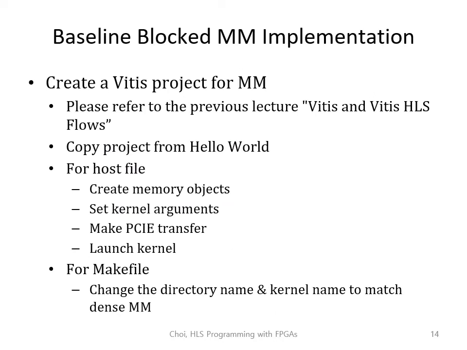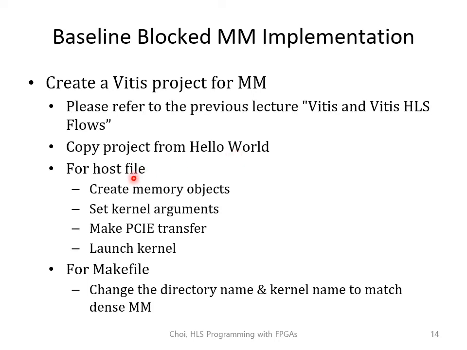We're now going to make a program for the blocked matrix multiplication. Let's start by creating a Vitis project. You can follow the directions given in the previous lecture, the Vitis and the Vitis HLS flows. This is just a summary, so you can first copy the project from the hello world and modify the files one by one.